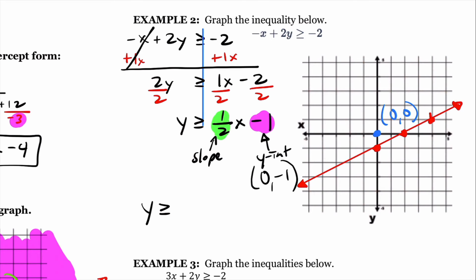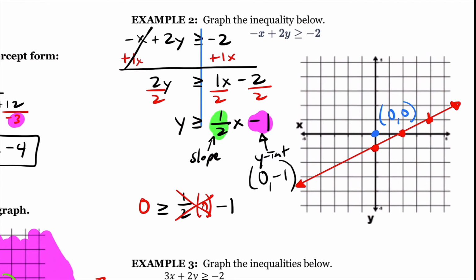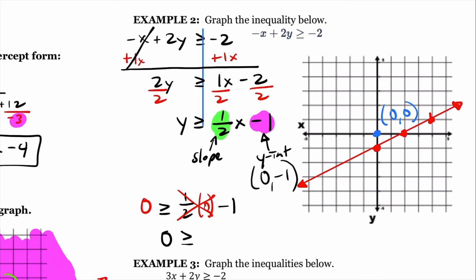Okay, so here we go. Y is greater than or equal to 1/2 x minus 1. So everywhere I see an x, I'm going to plug in a 0. Everywhere I see a y, I'm going to plug in a 0. Is it a true statement? Well, let's see. 1/2 times 0, 0. So I'm left with 0 greater than or equal to -1.